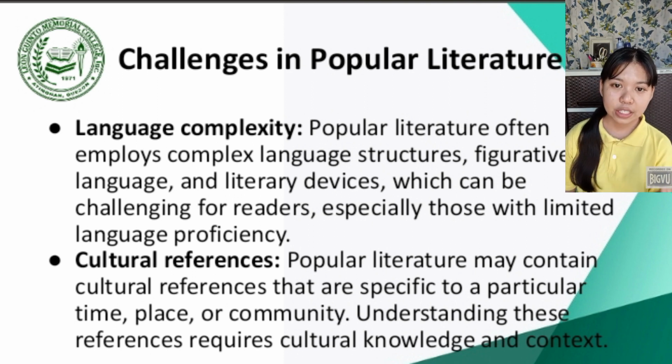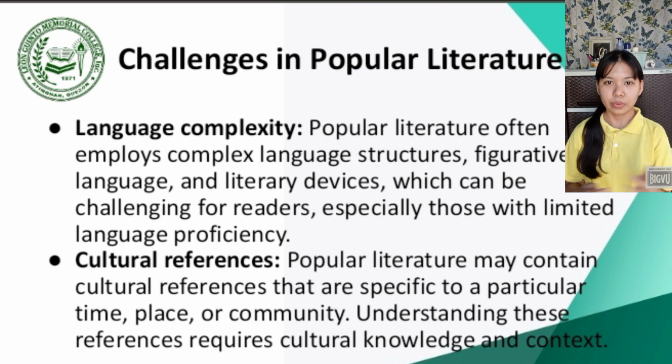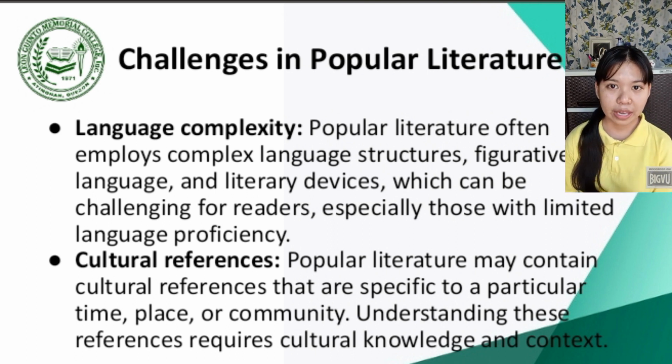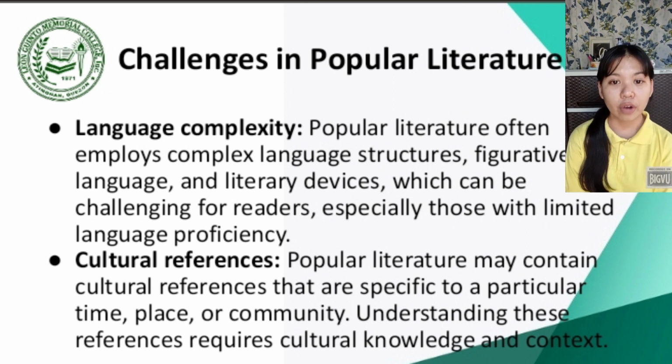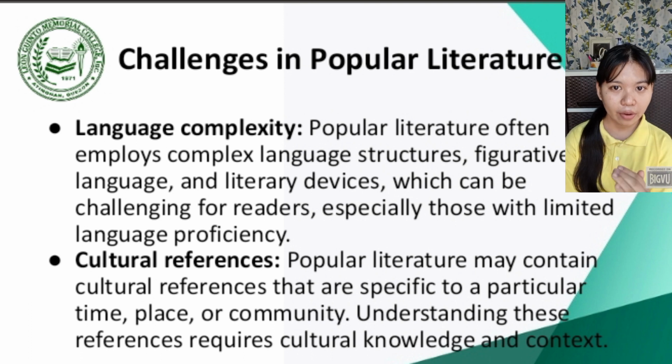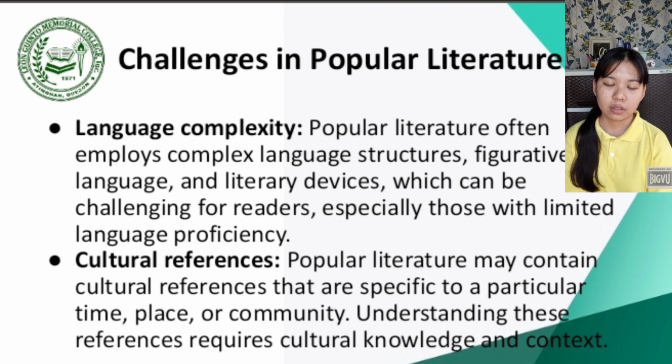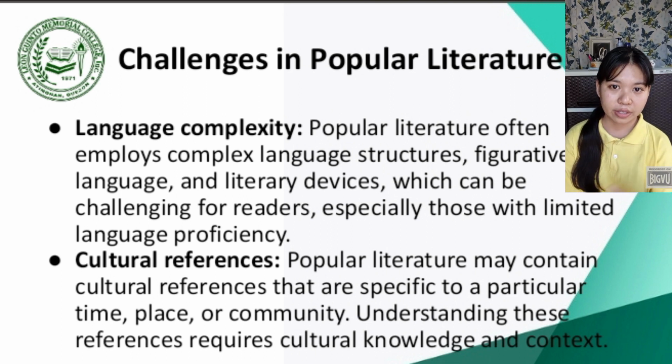So these tricks help make the reading more enjoyable and can make you think more deeply about the story. So, popular literature sometimes uses complicated language and literary techniques, which of course can be difficult to understand because it requires careful reading and analysis, especially for those who are not fluent in the language, for example, English, right?